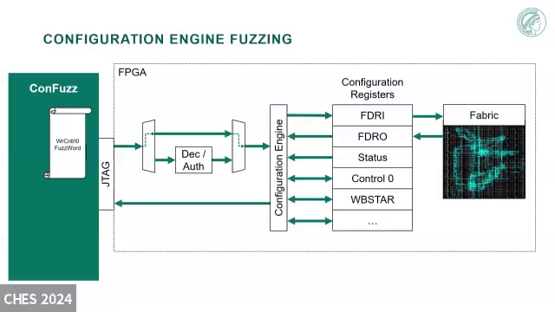The first important module of ConFuzz, so our configuration engine fuzzer, is the bitstream mutator. So in order to test this control 0 register, we want to generate a lot of bitstreams with different bit patterns of only this control 0 register in difference. And so we mutate this generated bitstream here.